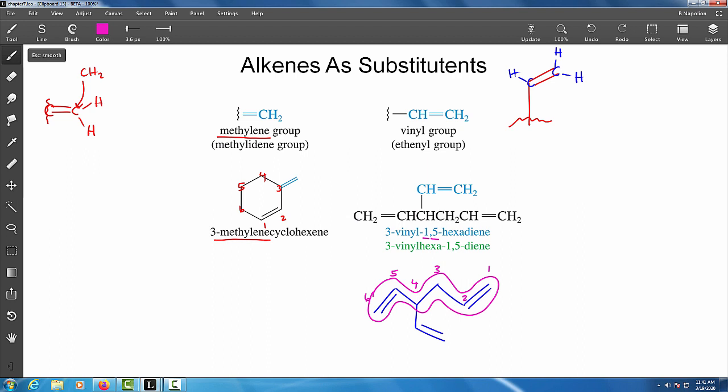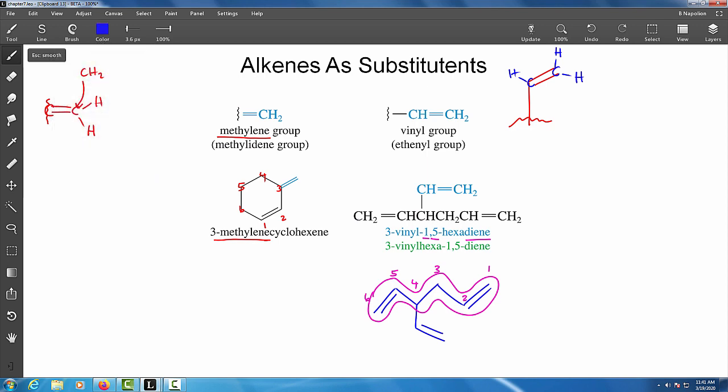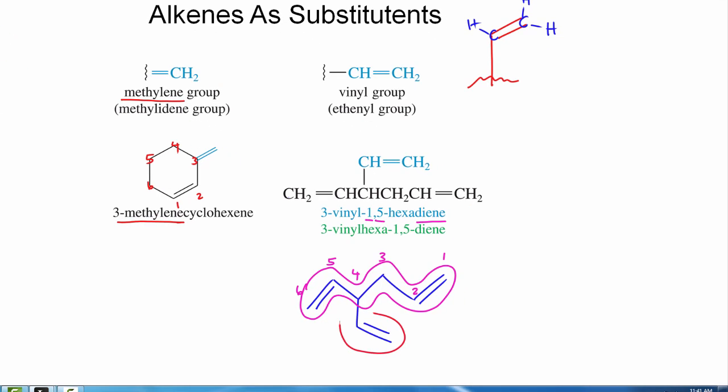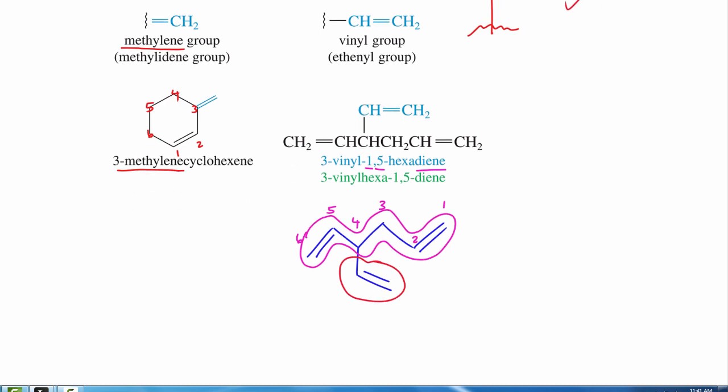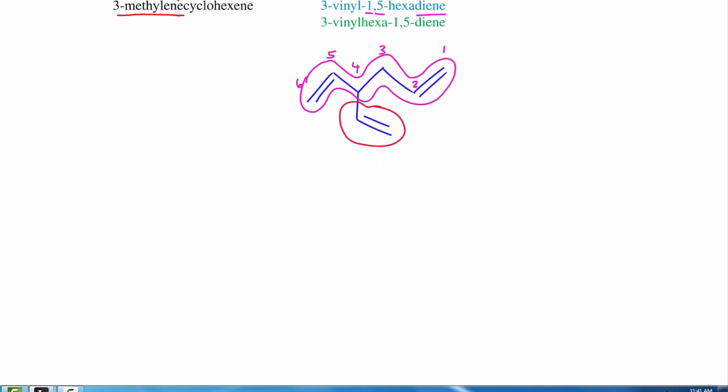You have 2 double bonds in this long chain. Yes, it is a diene. And the substituent is a vinyl group, a carbon bonded to a CH-CH2 group, just as we have up here. Okay? Now these are very easy to spot once you get the hang of it.